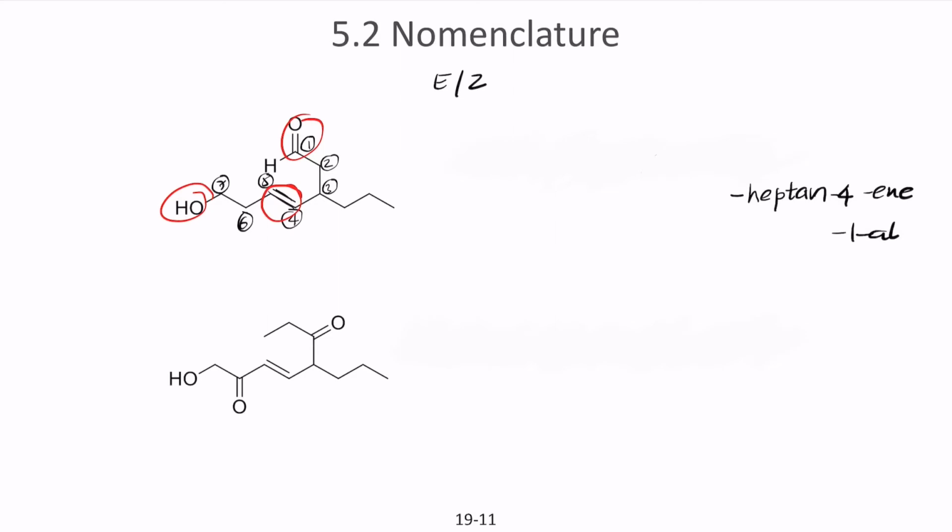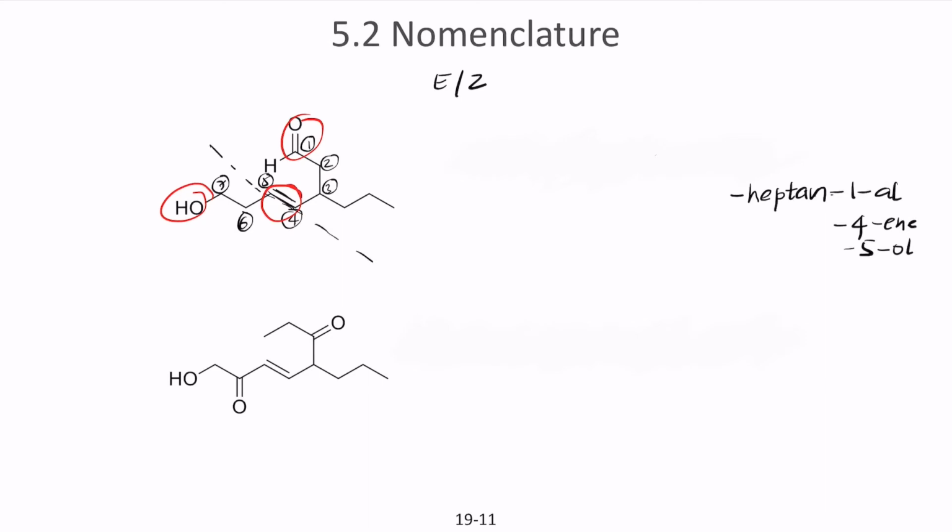It is based on the idea of alphabetical order. The first one that gets the alphabetical order is al. So we are going to write alphabetically all the substituents. So 1-al, 4-ene, 5-ol.